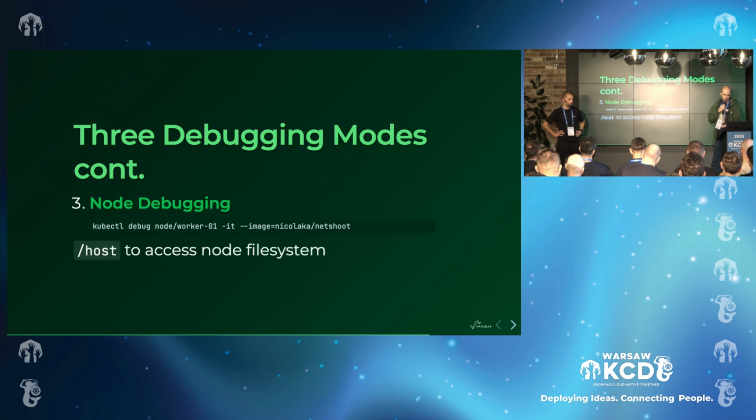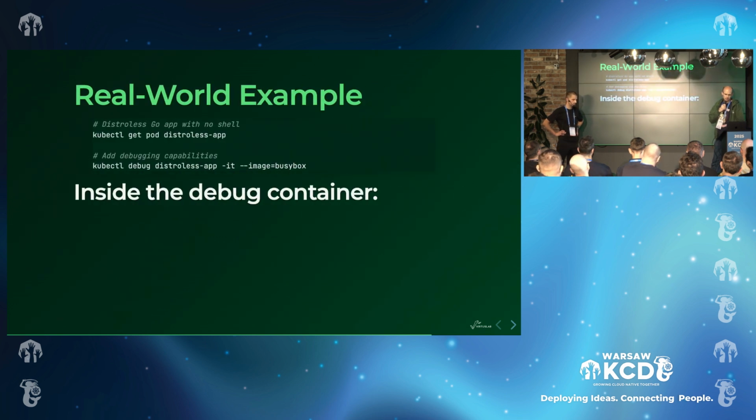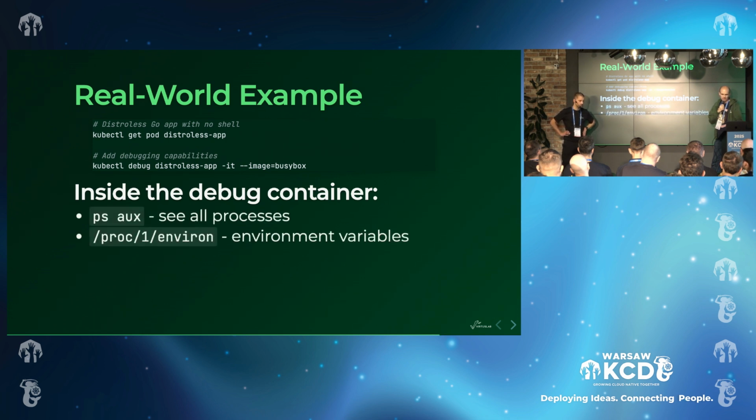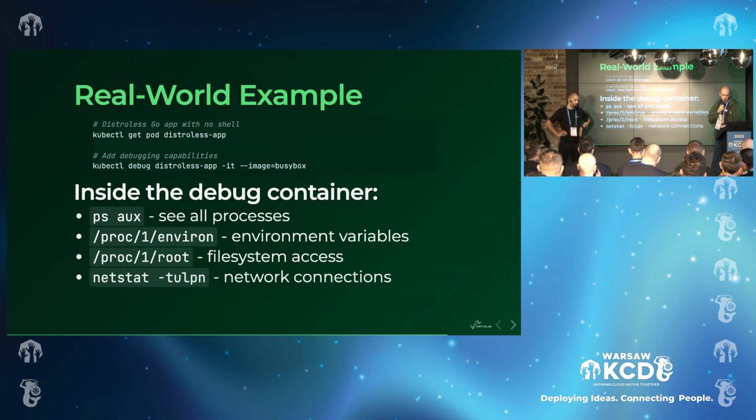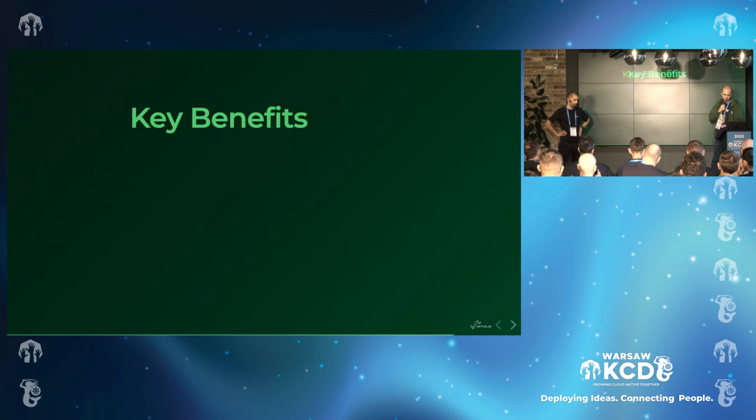And the last fancy one, we can debug the whole node from a pod. At the host path, we can access the whole file system and check what is going on on the node. Inside the container, we can, for example, check the list of processes, check the environment variables which the application is using, access the whole file system, including the mounted volumes, check the network connectivity, and much more.